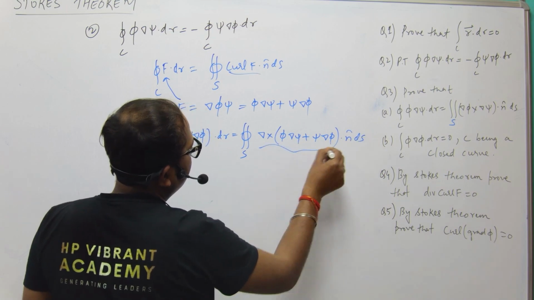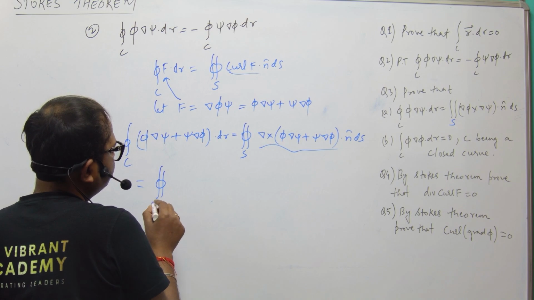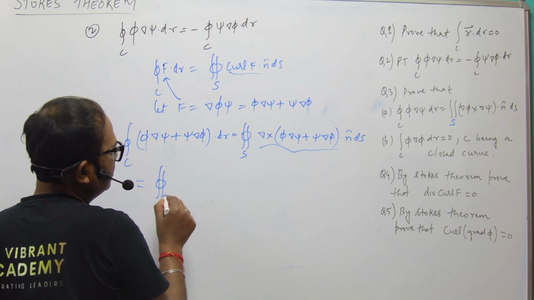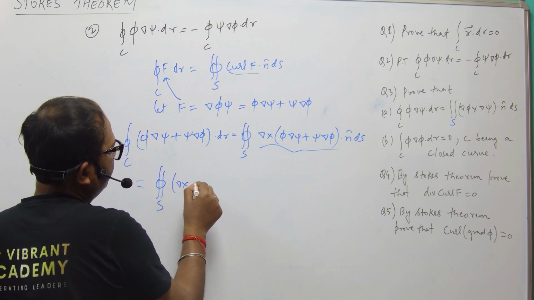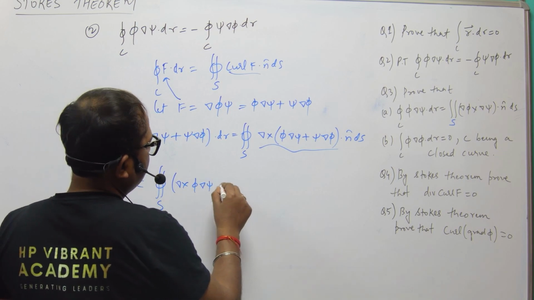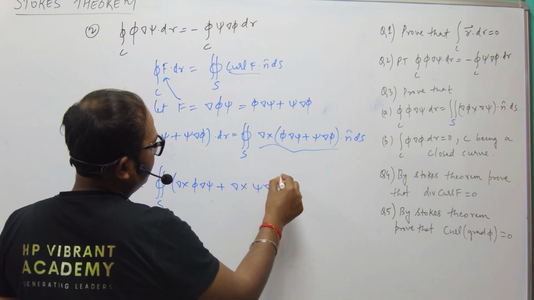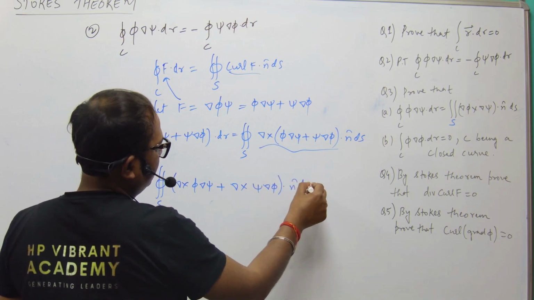So let us expand this. This is equal to the surface integral along the surface S of del cross phi del psi plus del cross psi del phi dot n cap into dS.